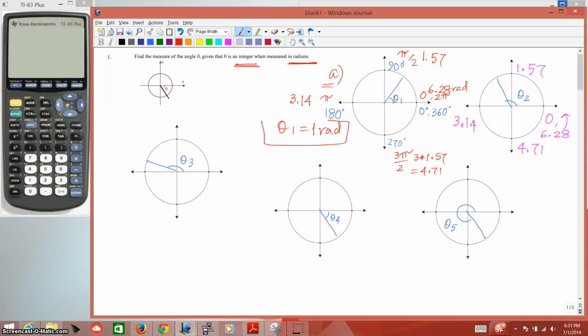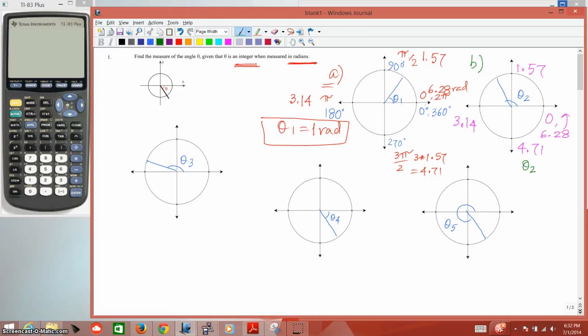If this makes sense, I'm sure you know the answers for every other diagram I already made. Let's work on question number B. If you look at that one, it's an integer as well as a radian measurement of this particular angle. This theta 2 is just past 1.57, so definitely theta 2 is in the second quadrant, so its value will be between 1.57 and 3.14.